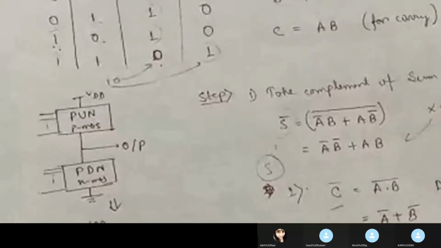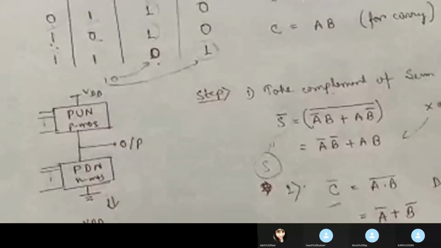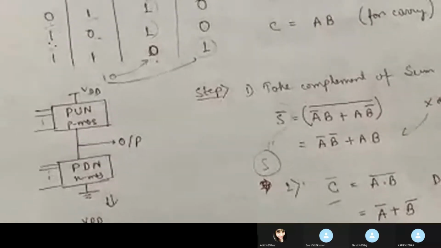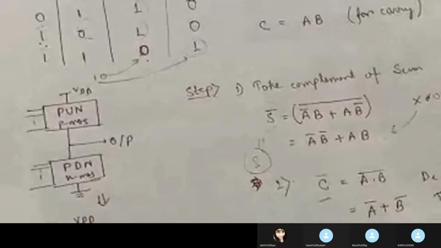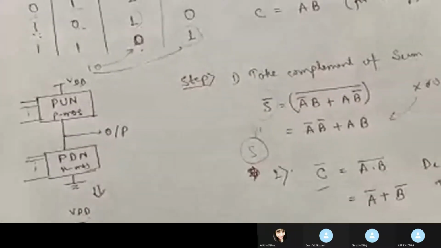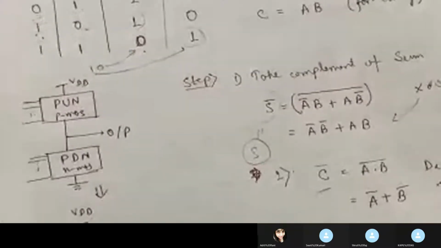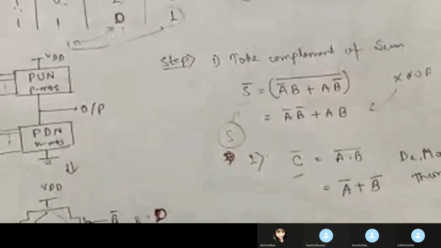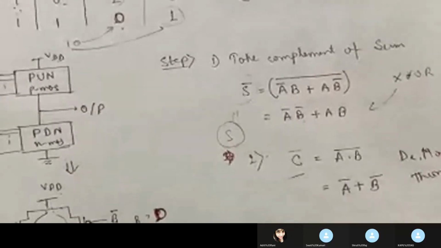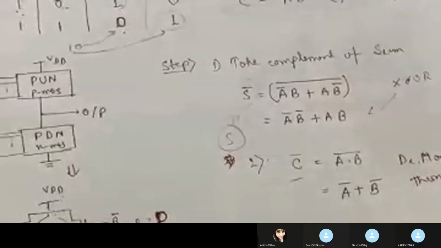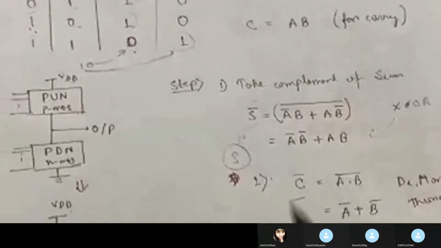And A 0 means it will be 1 and B 1 it will be 0. So what will happen? See, here it is 0, here it is 1. VDD cannot be connected to output. So the output is connected from this path. So my output will be 0. See, same. And for the second also, you will get the same logic.